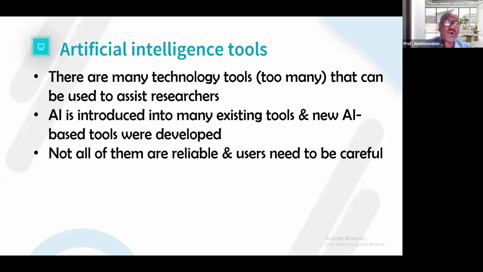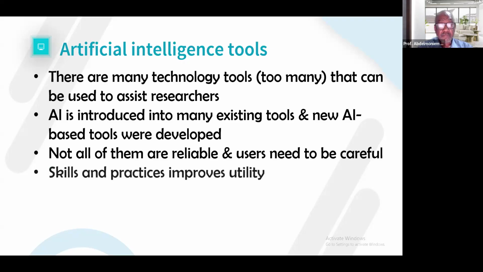My selection is based on the extent of reliability, the extent of utility, how useful they are. Now, of course, you need skills and you need to practice to improve your utilization of these tools. You need some skills, and then you need to improve daily to be able to maximally benefit from these tools.